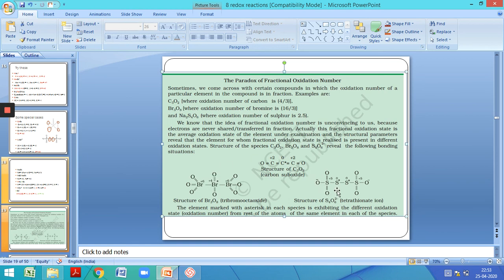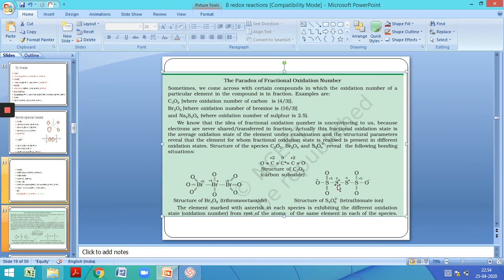Similarly, the last example is that of tetrathionate ion, S4O6 2 minus. Here, 4 sulfur atoms. So if we divide the molecule here, it divides into two. Sulfur-sulfur bond, same electronegativity of the two sulfurs, so 0 and 0 is the charge because of each of these.